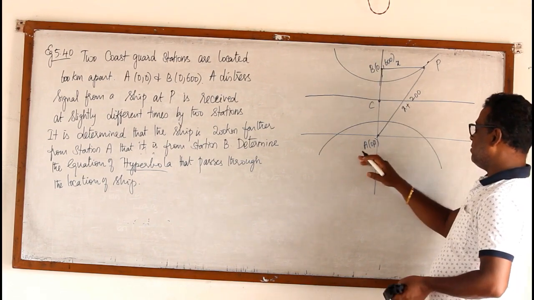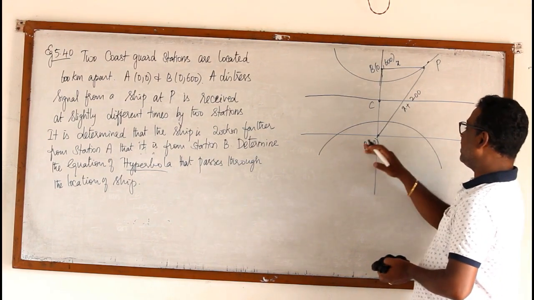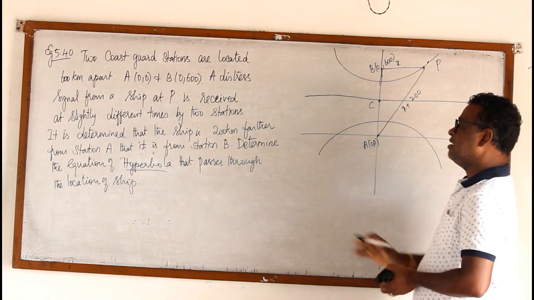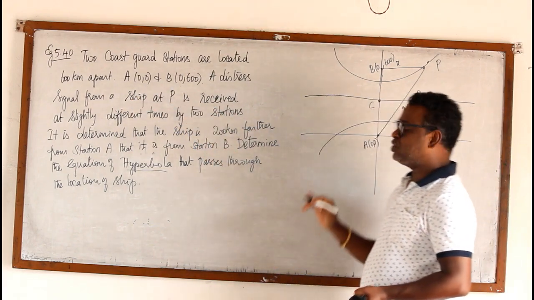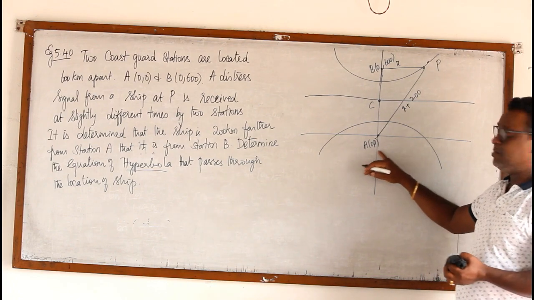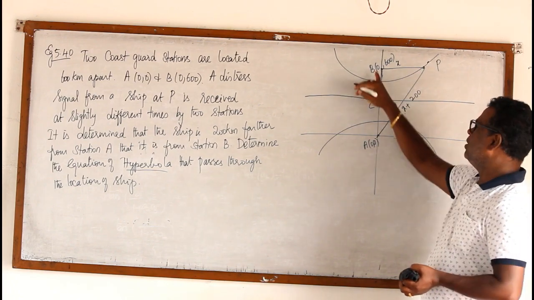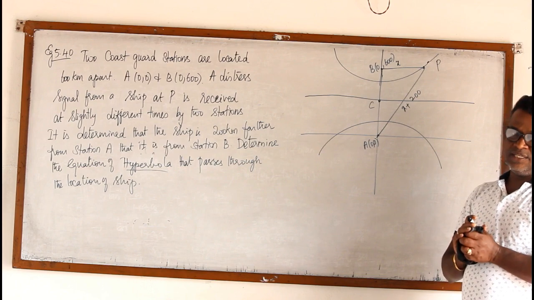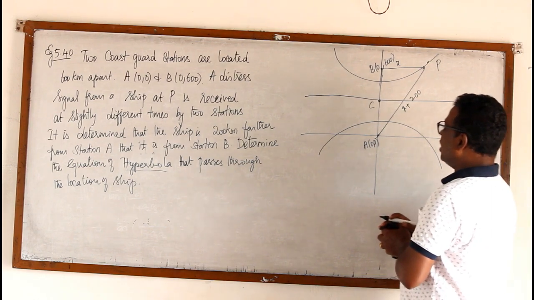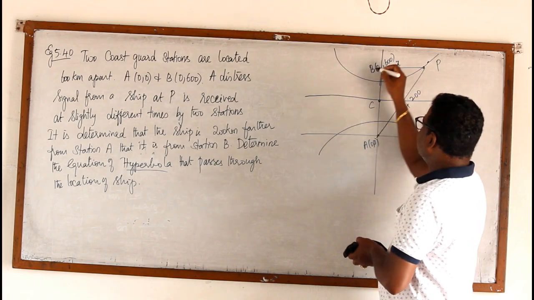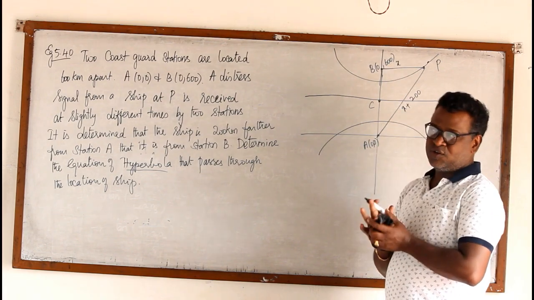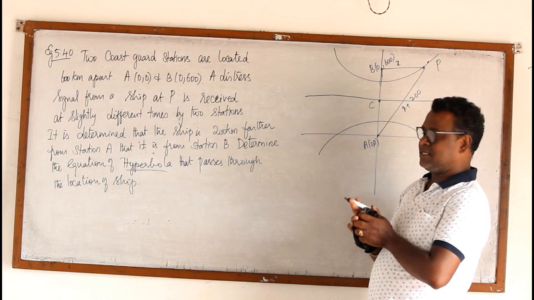Two stations A and B are there. Therefore, they have a distance of 600 km. They gave A is (0, 0) and B is (0, 600). So A will be at the origin (0, 0), and B will be on the y-axis at (0, 600). Now, we know this curve is a hyperbola. Then these two will act as the foci because those two points are fixed points.